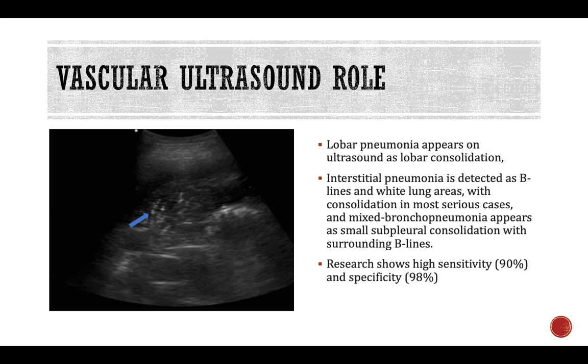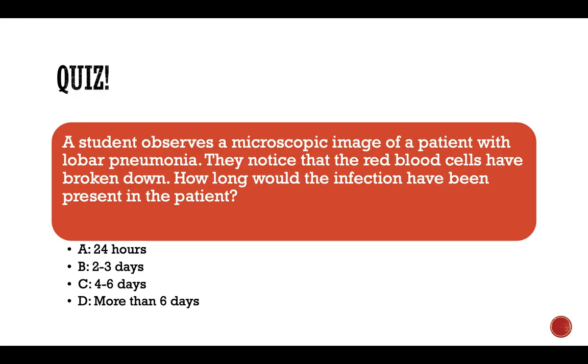It's not just lobar pneumonia that can be picked up using ultrasound, it's the different types of pneumonia as well, so it can help differentiate between types of pneumonia. Research actually shows a very high sensitivity and specificity for identifying pneumonia using ultrasound, so it's also a great tool to use.